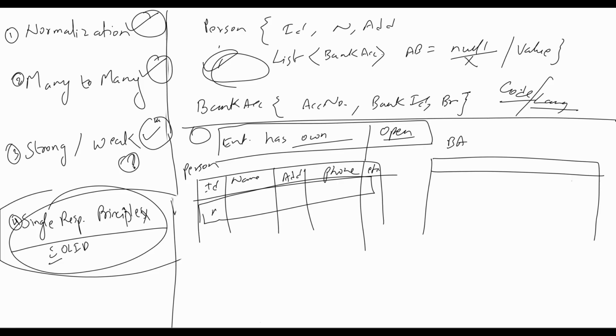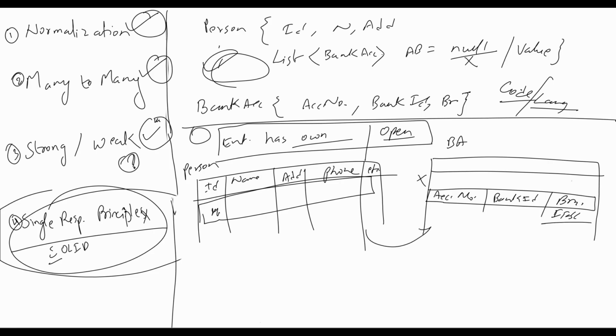Now if the person does not have a bank account, there's no row, no record over here. But if they create a new bank account, we have the account number, right? Then we have the bank ID, let's say, where it belongs to. We have the branch detail, IFSC code, something like that, right?